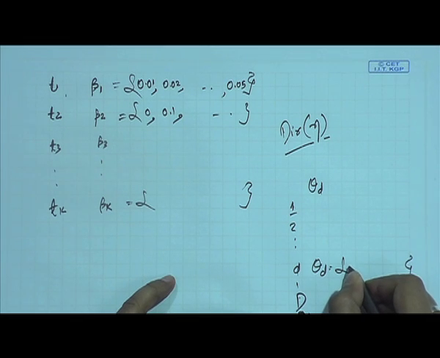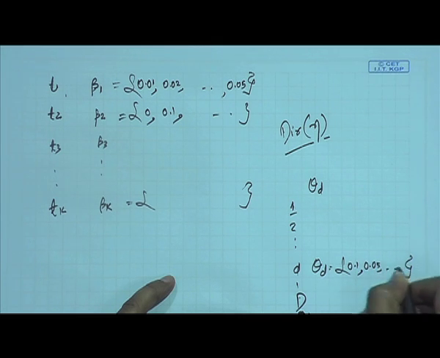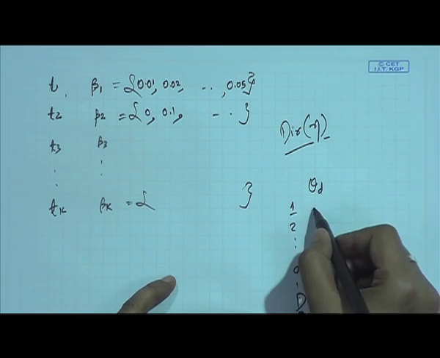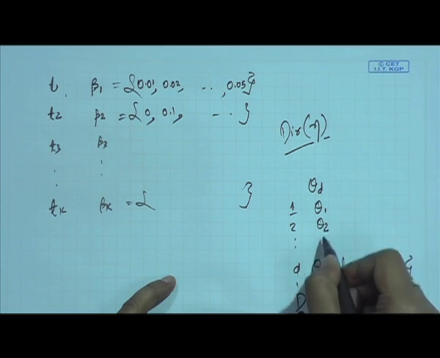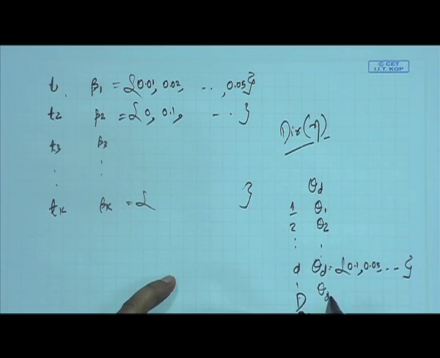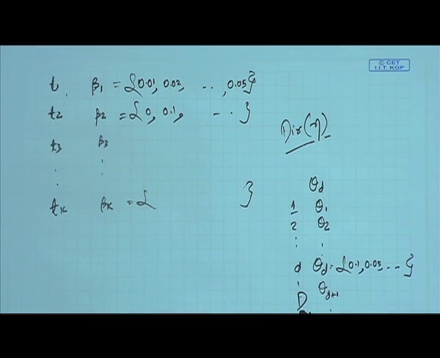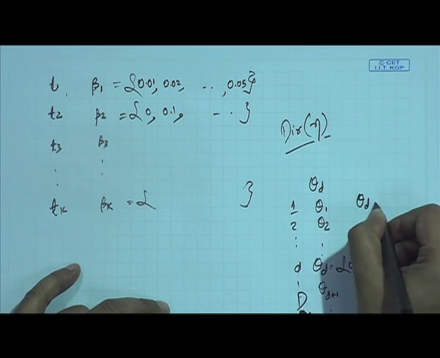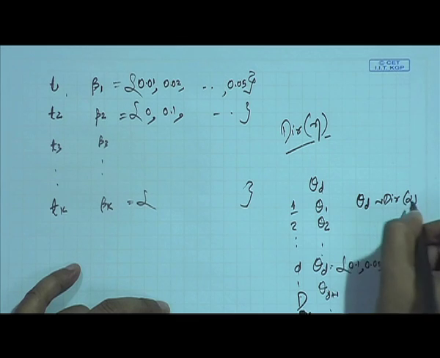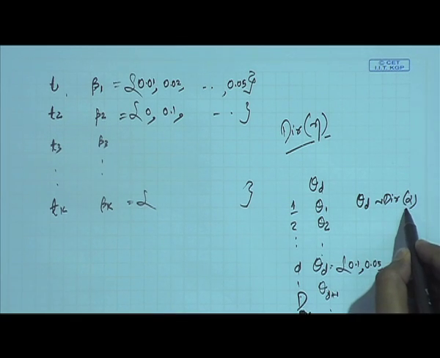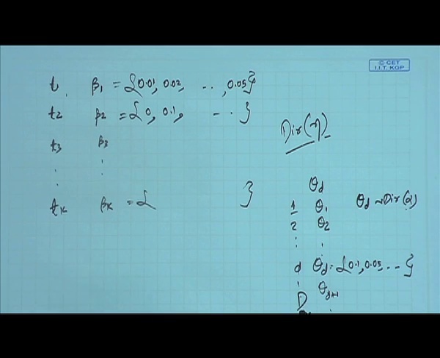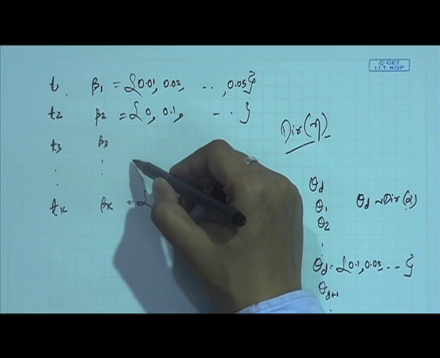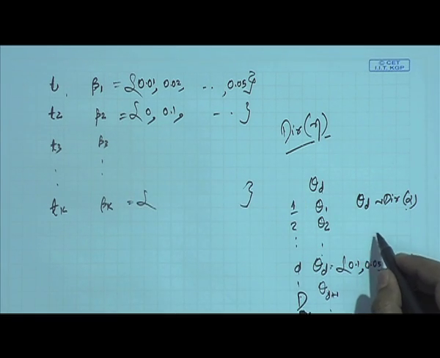So it will be something like: what is the probability of topic 1, what is the probability of topic 2, up to topic capital K. For each document you are drawing these distributions, and theta d comes from a Dirichlet over alpha. Again, alpha tells me what kind of topic distributions I will prefer over others. So first you draw the topics, then the topic proportions for the documents.